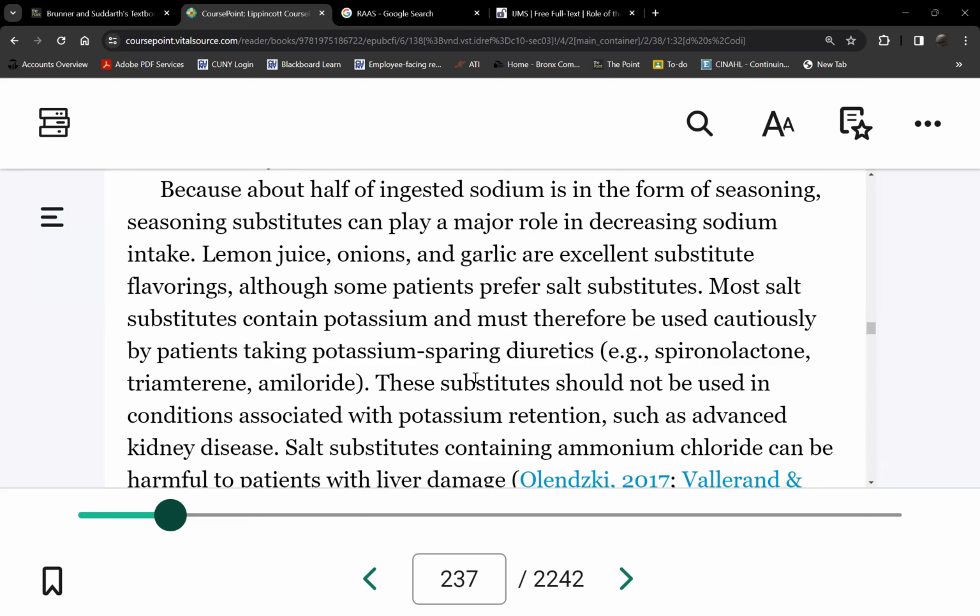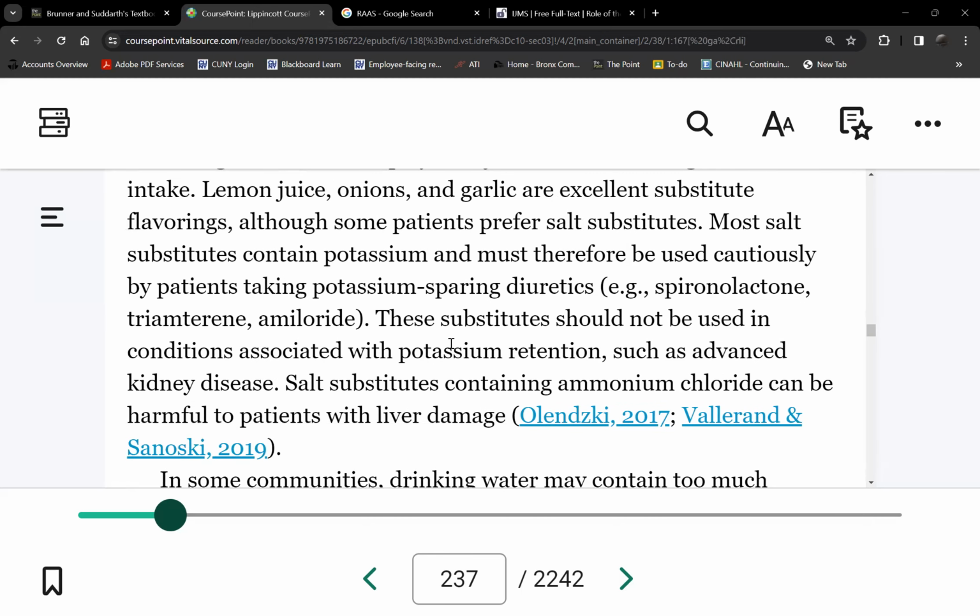Most patients will have either too high potassium or low potassium. Now, if it's low potassium and the doctor orders potassium replacement either by mouth or IV, please check kidney function first. Are we clear? Because 80% of your potassium is excreted through the urine, through the kidneys.